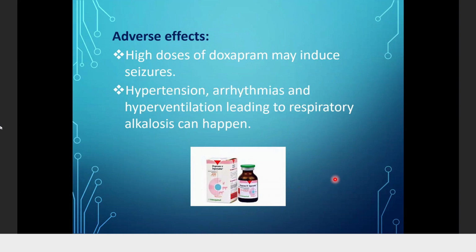High doses may induce seizures, hypertension, arrhythmias, and hyperventilation leading to respiratory alkalosis. Hypertension is an increase in the blood pressure, it can alter the rhythm of the heartbeat, and it can also cause hyperventilation. This is doxapram, in injectable form.